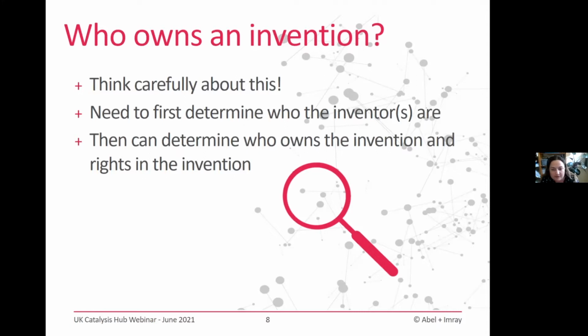It's important to think about ownership very carefully early on because you want to avoid any disputes further down the line. And in a worst case scenario, a patent can actually be revoked if it's been granted to the wrong person. So ownership flows from inventors. First of all, we need to think about who the inventors of an invention are.